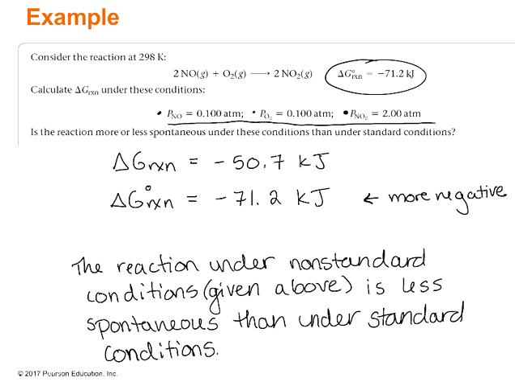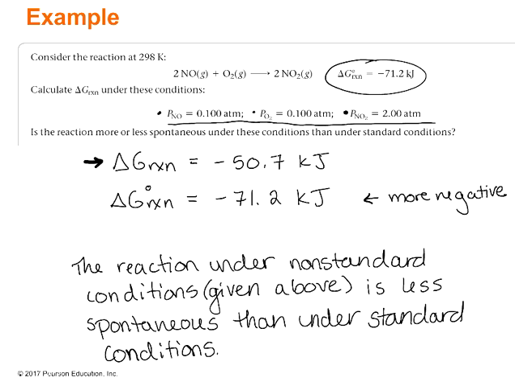So under these conditions, the reaction isn't going to keep going to a significant extent because we're running out of reactants. Now, if we had higher pressures for the reactants, then the reaction would be more spontaneous because we're trying to go towards products. Now you'll notice we still have a negative delta G of reaction under non-standard conditions.